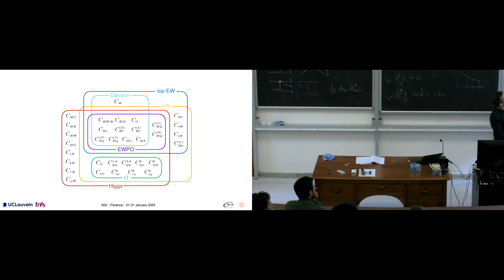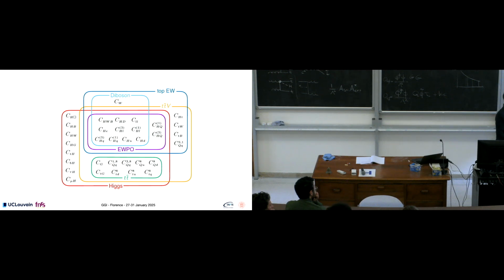But this can also be in the top box, for example, some of them. For example, HT is in the top box here. So it depends on which observable. For example, this one is in all the boxes, so they can be constrained by many measurements.